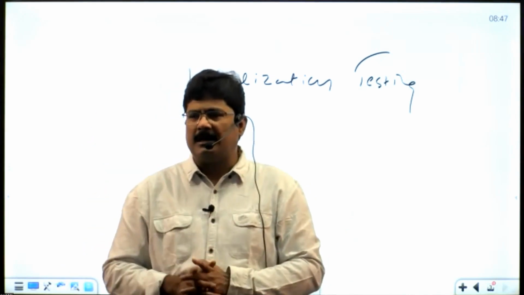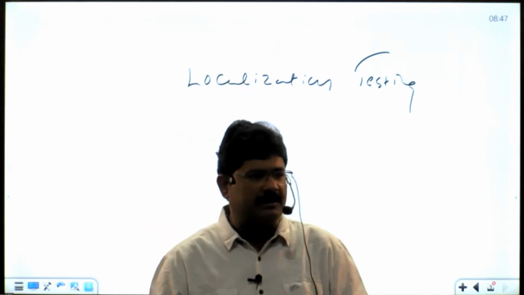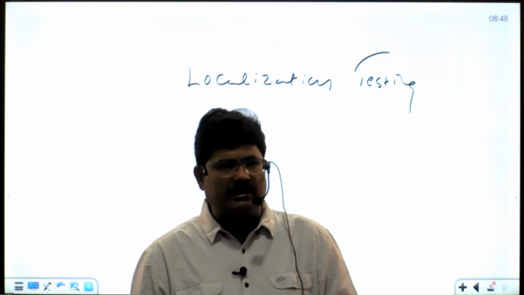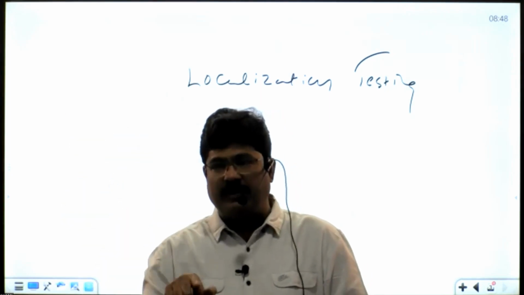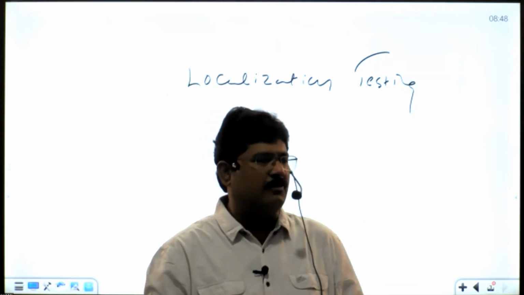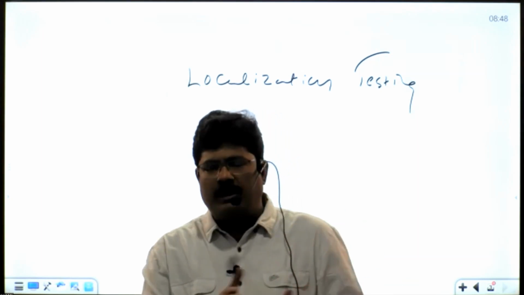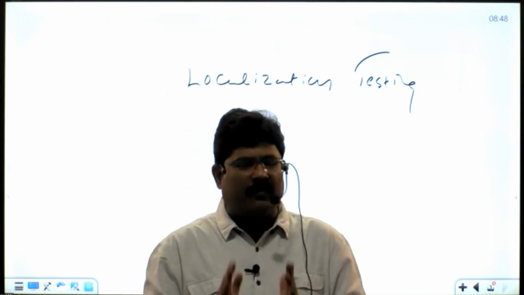So what is the expected language in IRCTC? We follow British English, right? We follow London English, not American English. Expected language should be British English if it is IRCTC. Expected currency should be Indian rupees. That we have to check. No need to have multiple languages or multiple currencies, because it is made for a particular locality of users.